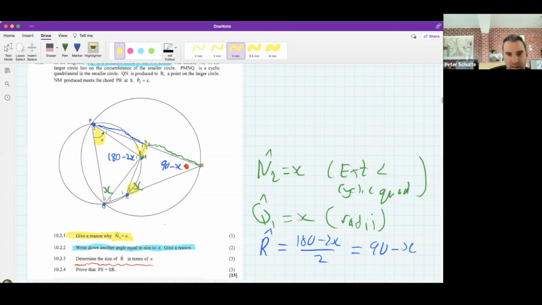I remember a theorem that says if a line from the center is perpendicular to a chord, it cuts that chord in half, right? So if I can show that this angle over here, S2, is 90, or S1 is 90, then by that theorem, I've proved that they're cut in half. So now the question becomes, how do I try and find what S2 is? Any ideas, or what connections could we maybe use?